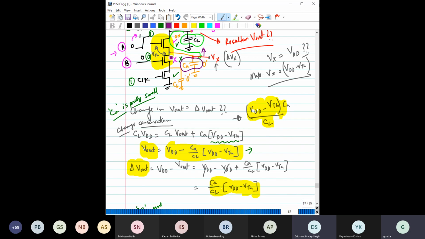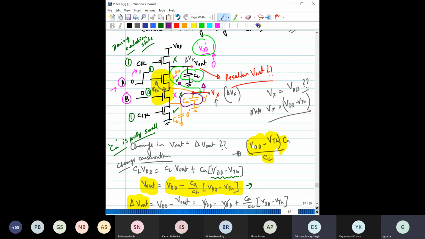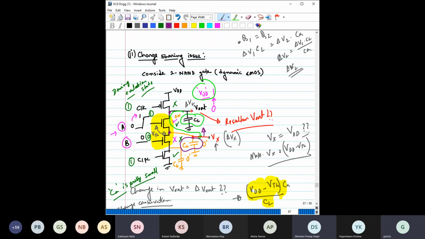At a certain point this transistor will turn off and no further charge transfer is possible. As a result, the potential here and the potential here would be different. That is what you were referring to from yesterday's discussion. After that, I thought let us not go to this first. Let us first discuss the common scenario and then come to the special case.